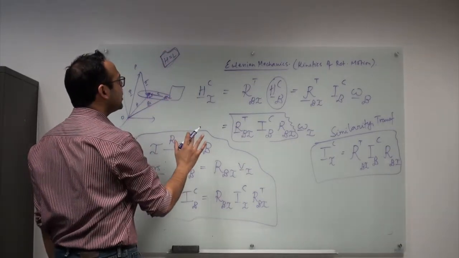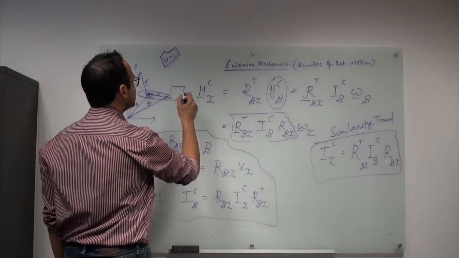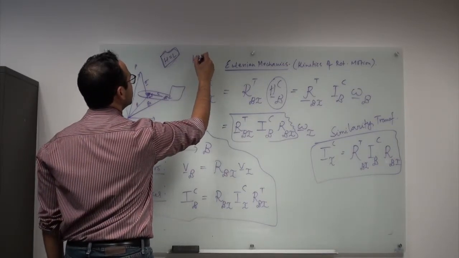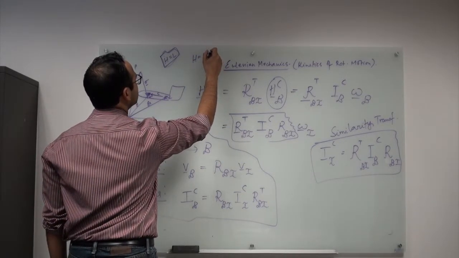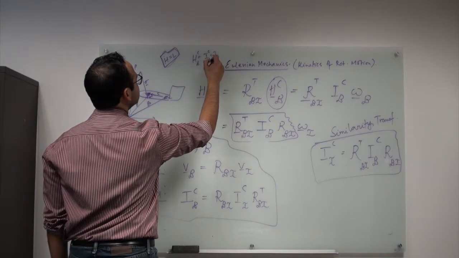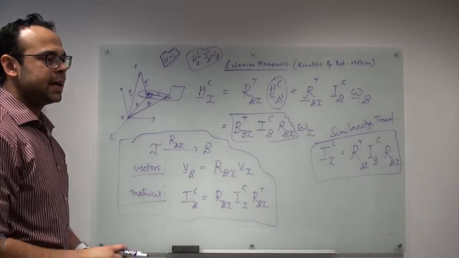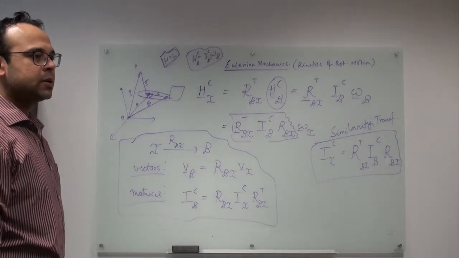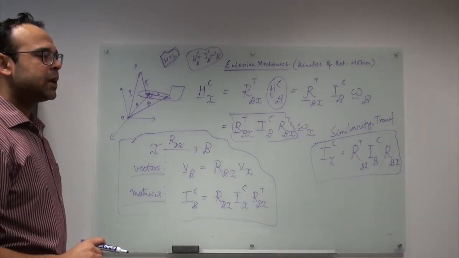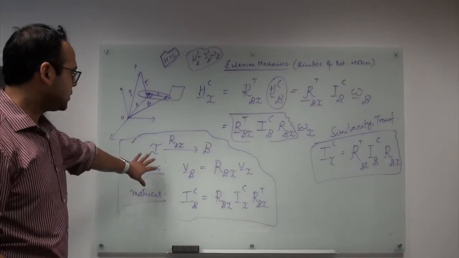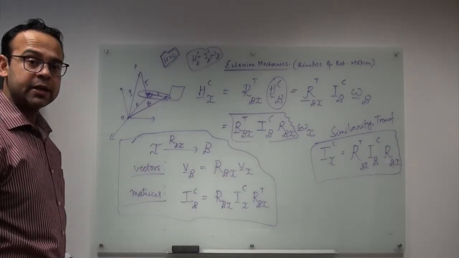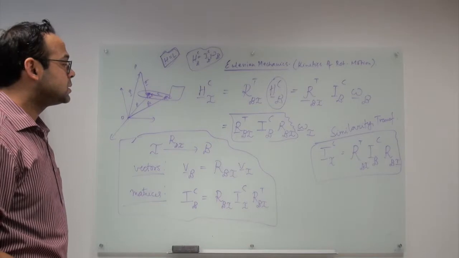I would at some point want to differentiate this equation, and then we'll open it up and expand it. At that point, the role of this detour that we're looking at right now will become clear.